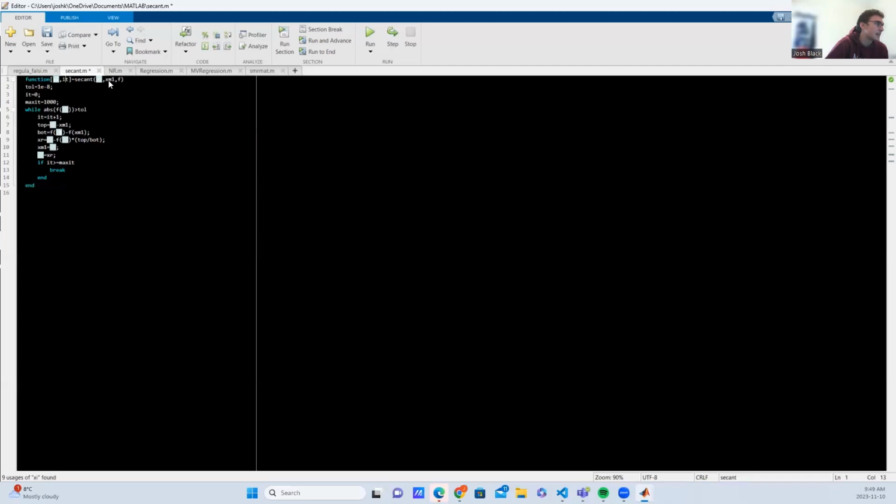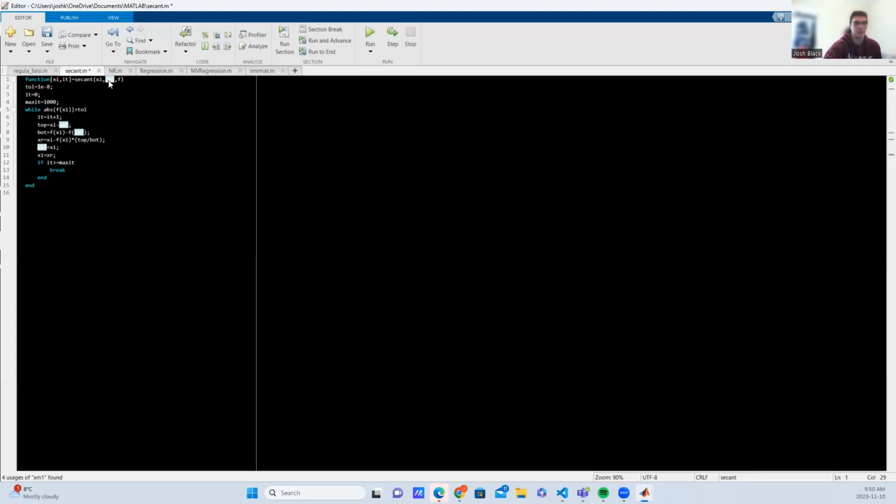You'll see why I did that in a second. The number of iterations. For the secant, we have to insert two initial guesses again. The first one being xi and our second one being xm minus 1, so that's kind of like our oldest guess, if you remember what we're doing in secant.